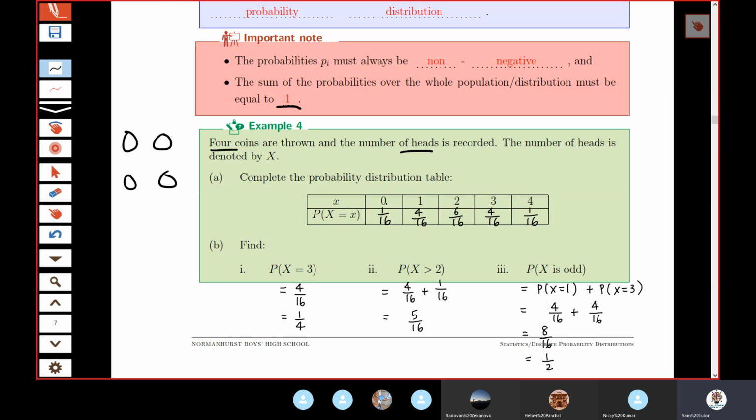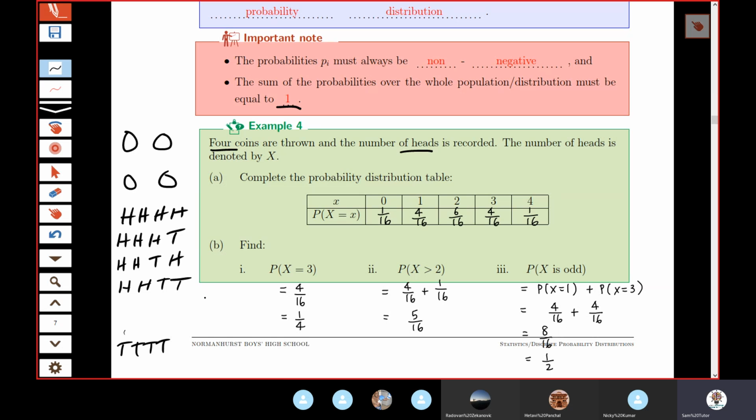The probability of getting 0 heads. So what's the probability of getting 0 heads? Well, that means getting all tails, right? Heads, heads, heads, heads, then heads, heads, heads, tails, and so on. I don't think I need to do this, but if you were to do this 16 times, the only time you're going to see no heads is the last one, which will be tail, tail, tail, tail.